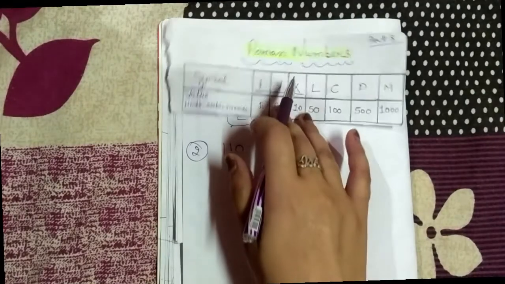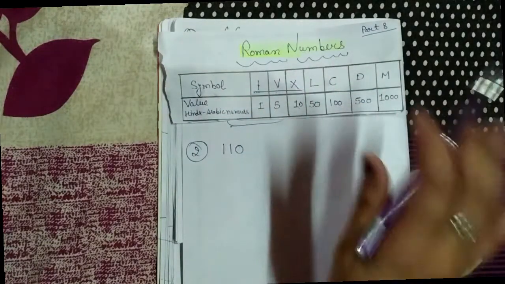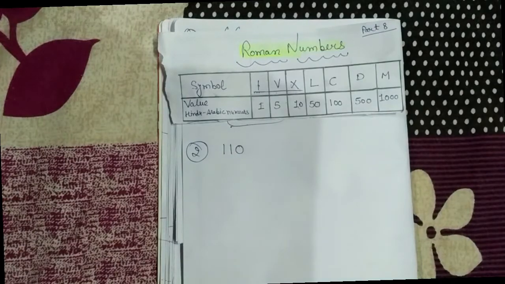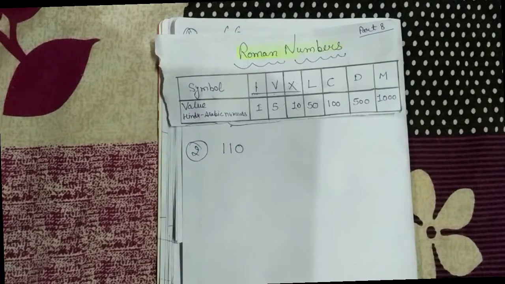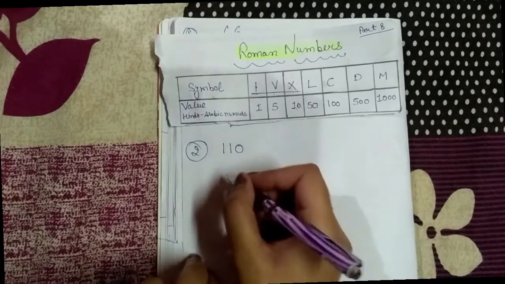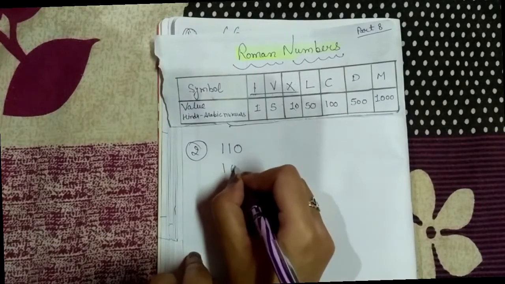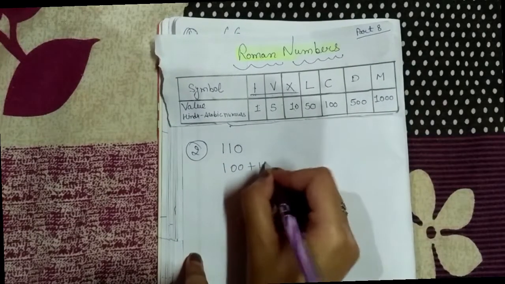Okay, for your help, I have placed a Roman numbers table here. It will help you. Okay, so 110. Let's take one more example. 110, we have to write in Roman numerals. How can I write? I can write 100 plus 10.